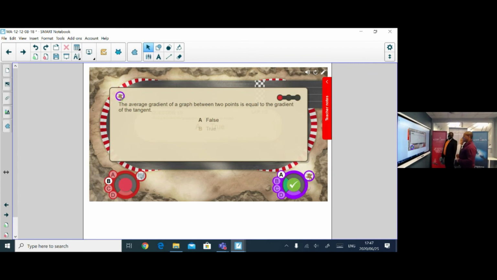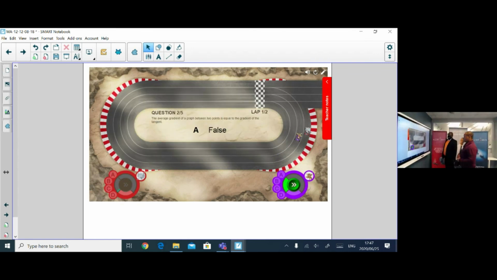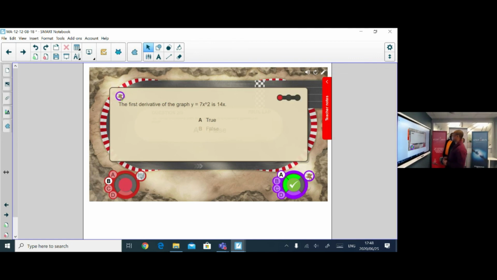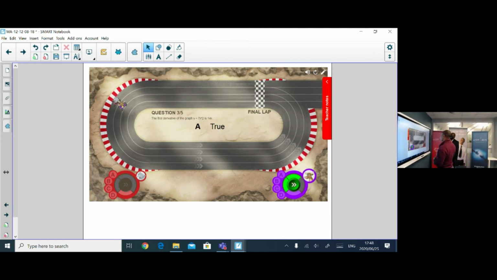The answer is actually coming up as A. So it is false that the average gradient will be equal to the tangent, for a graph, there is a curve, so you are dealing with a tangent. I'll go for A. I don't know what Freddy chose. Okay. So our answer is A, which is true.